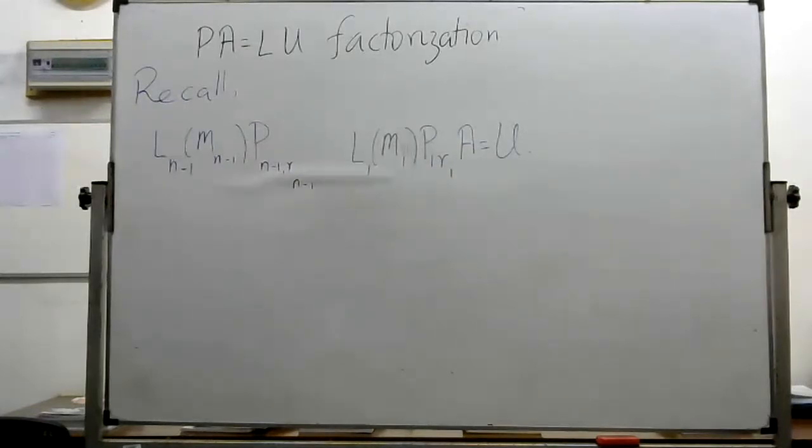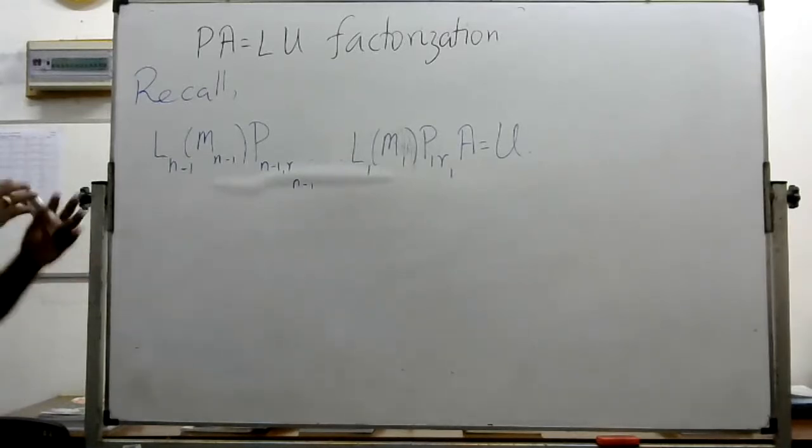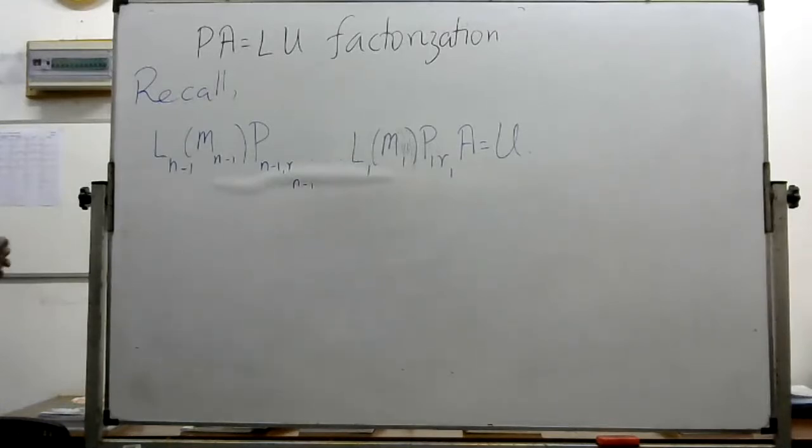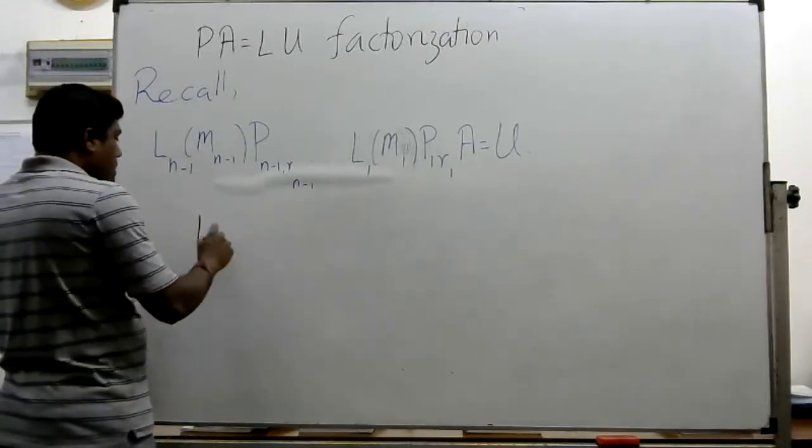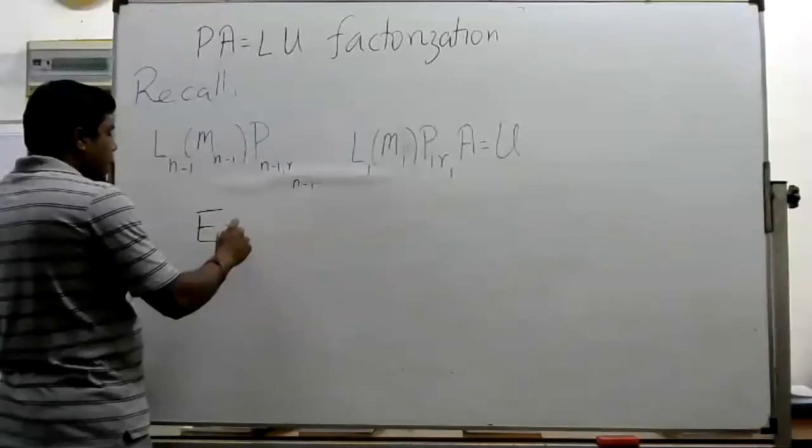So permutation matrix, and then lower triangular matrix, then again permutation matrix, again lower triangular matrix, and that is how the theorem is written. So we have to see whether we can rearrange this, and whether we can move the permutation matrix to the other side of a lower triangular matrix. So we will try to see, right, as an exercise.